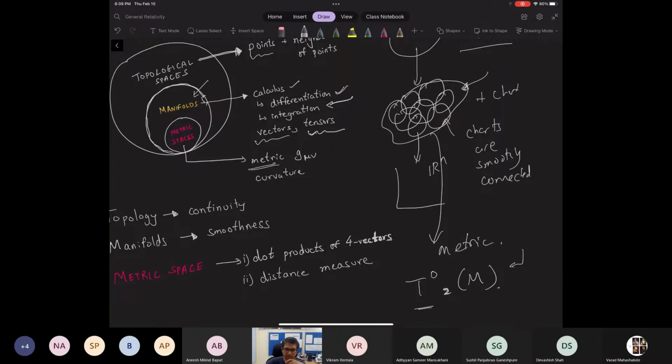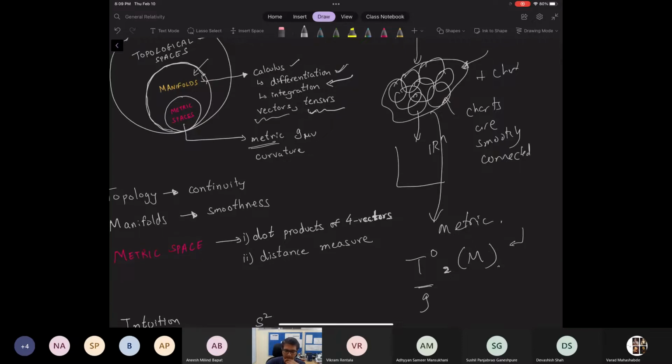What does that mean? It takes two vectors as input and returns a real number. A tensor of this type, denoted G, takes two vectors U, V, and the result is a real number. And we defined it as a tensor field.